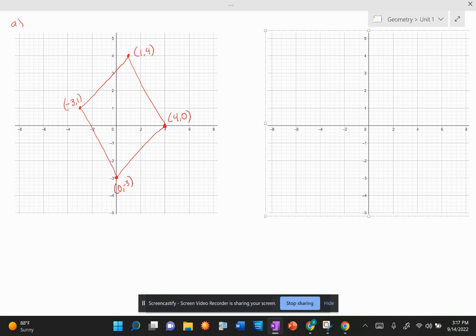But we'll just assume that it's a centimeter. So we've got point A, point B, point C, and point D. Okay, how would you find the perimeter?